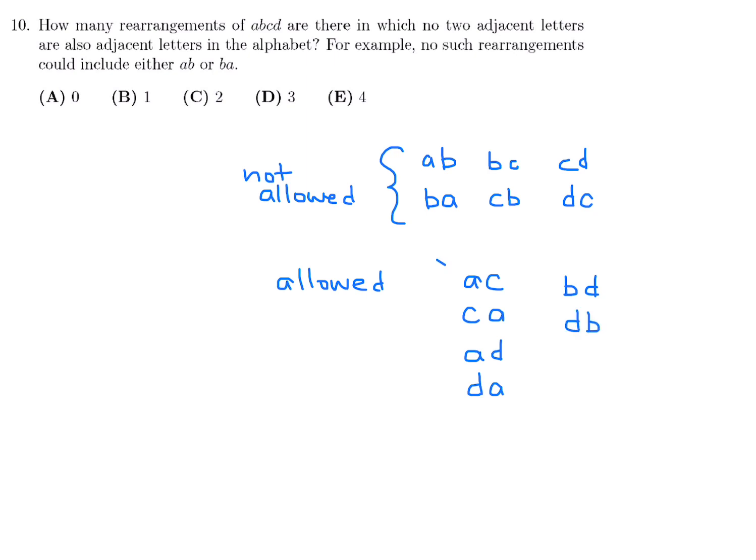So we can only use these to make a 4-digit arrangement. And when you fiddle around with this, you'll find that the only way to do it is CA, DB. That's one way. And then BD and AC. These are the only two.